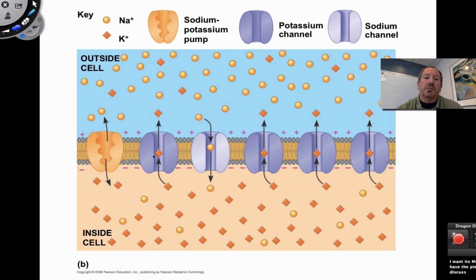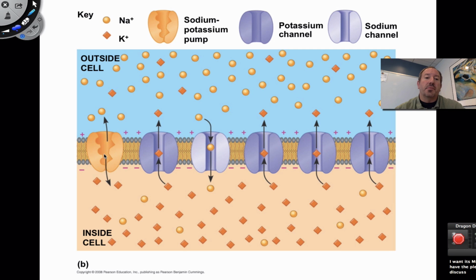And you know how these are unique to potassium, these are unique to sodium? Check out this one. This one can allow sodium and potassium to move back and forth, but it's curious. It will only allow potassium to come in and only sodium to go out.